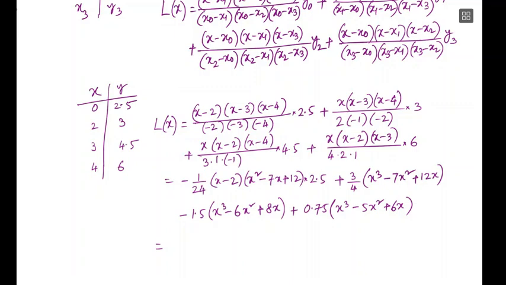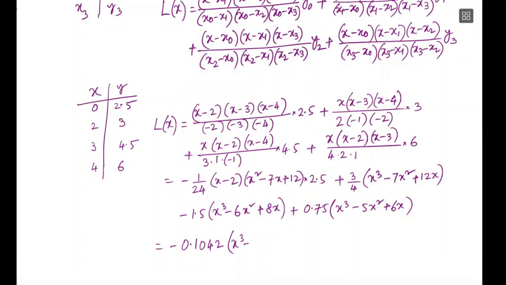2.5 by 24 is minus 0.1042 into x cube, minus.